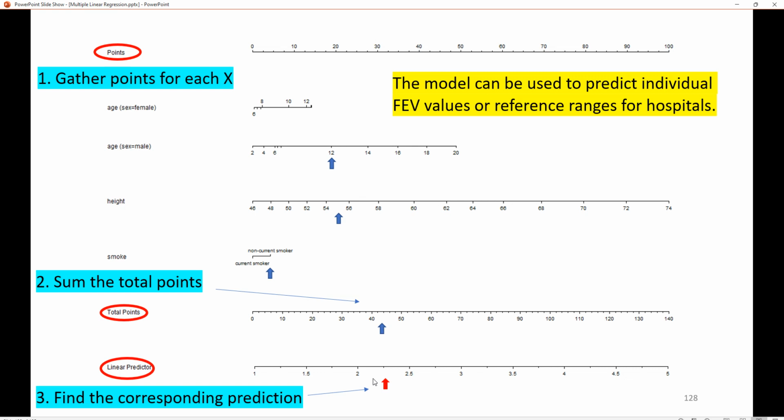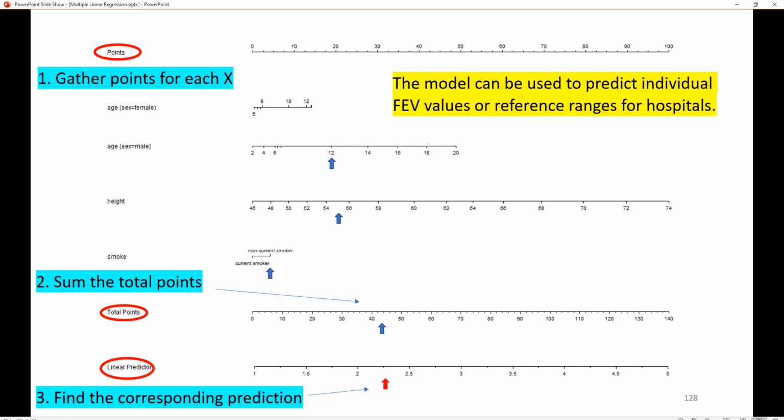And then we find our linear predictor, and that would be 2.5. The arrows aren't lined up perfectly, but it would come out to 2.25. So that would be their predicted FEV value.